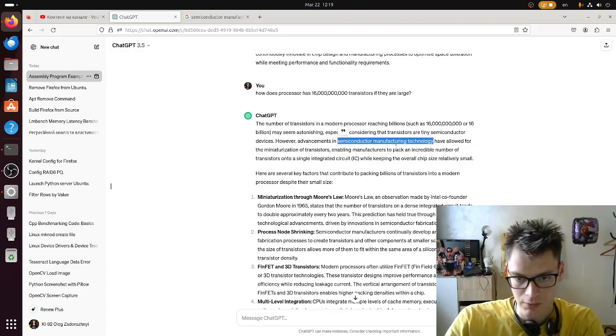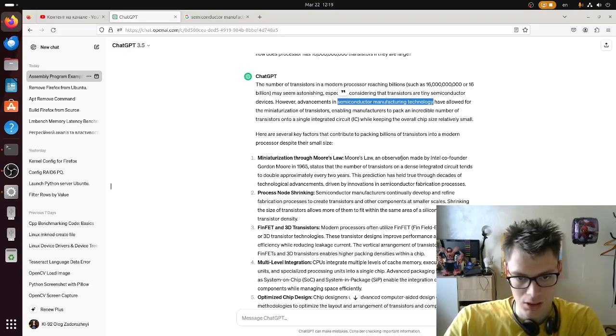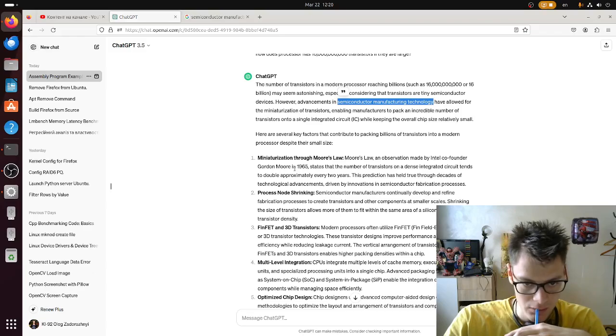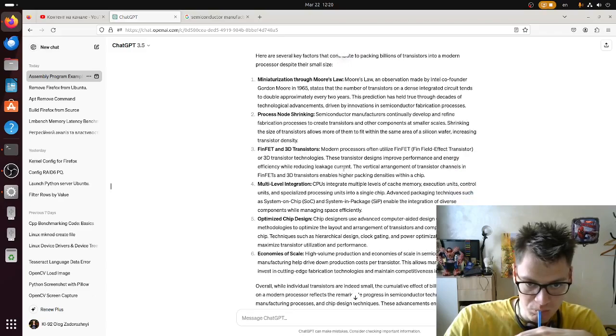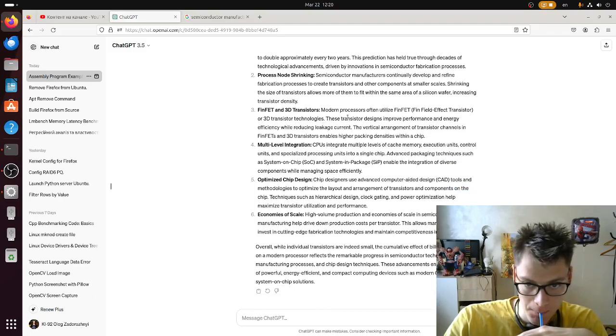Miniaturization enabling manufacturers to pack more transistors on a single integrated circuit while keeping the overall size. So how do they do it? An observation by Intel co-founder Gordon Moore states that the number of transistors on a dense integrated circuit tends to double approximately every 2 years. Semiconductor fabrication processes continue to create transistors at smaller scales, FinFET and 3D.